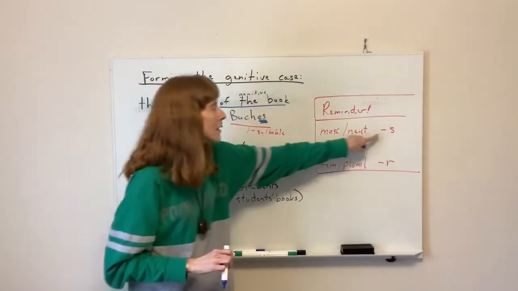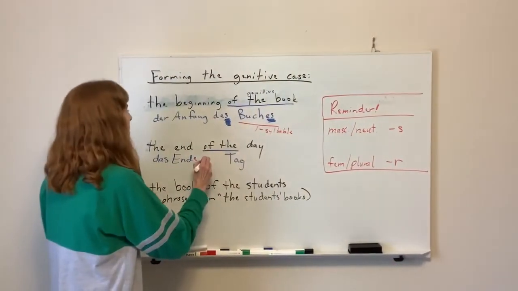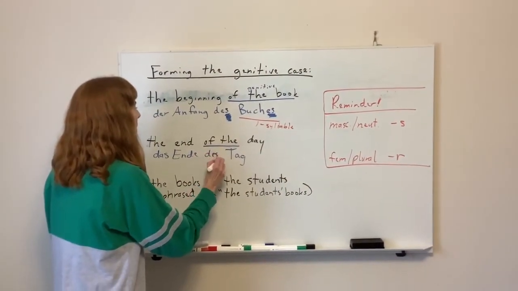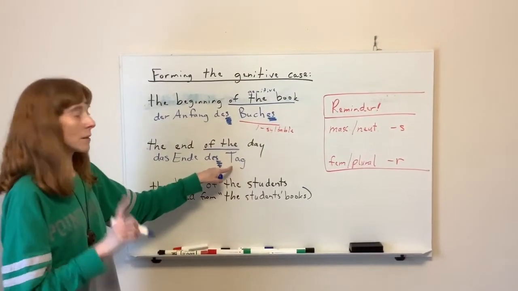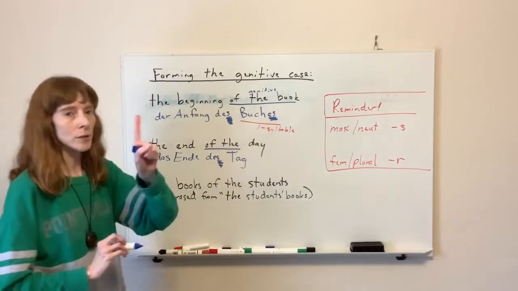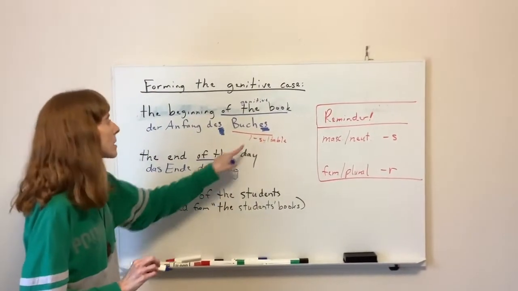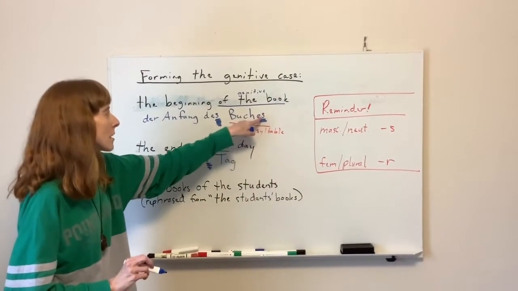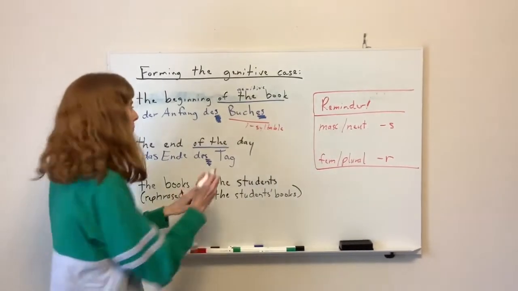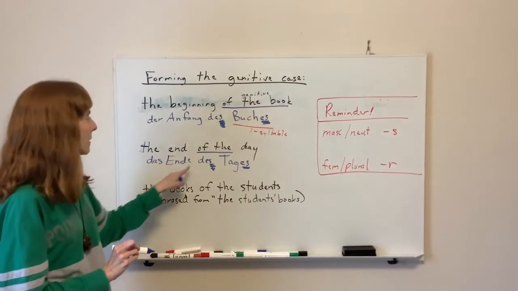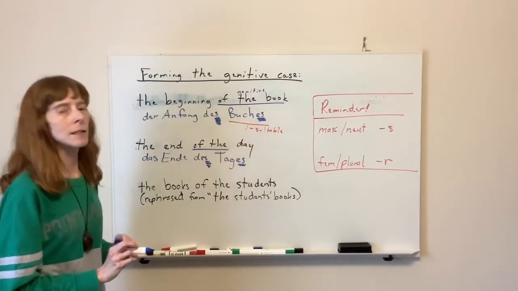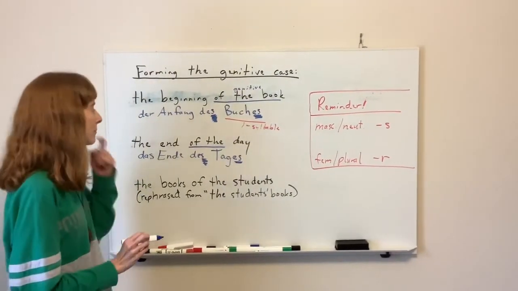So we know that we need the letter S. Des. And here's my S. That makes it genitive. Now once again, this is masculine neuter, and it's one syllable. So that means I'm going to have to put the S on the end and put the extra E in it to make it two syllables. Das Ende des Tages. The end of the day.